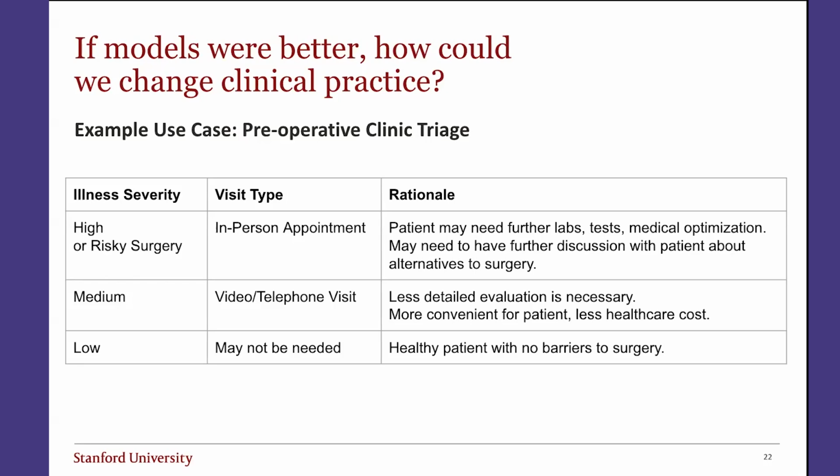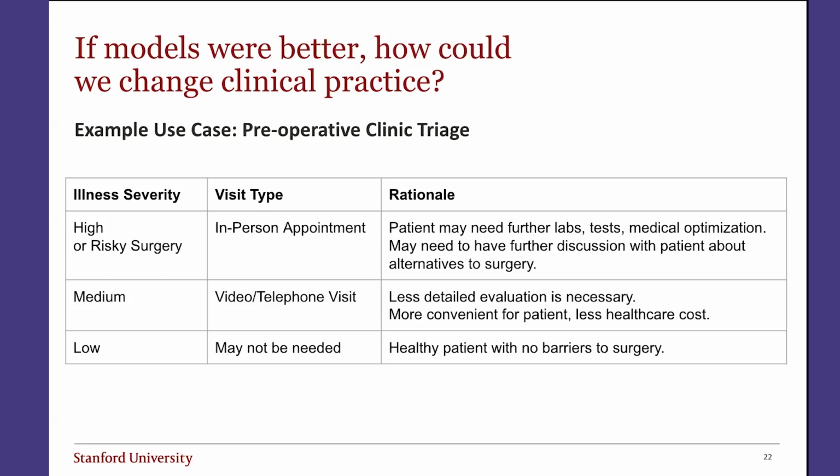Well, you can imagine that if you can apply this kind of risk stratification at a population level, say all the patients who are going to your hospital who need surgery, you could compute a patient's illness severity or look at the riskiness of the surgery, and then determine whether or not they even need an in-person appointment. For high-risk patients or risky surgeries, we may want to order further labs, further tests.